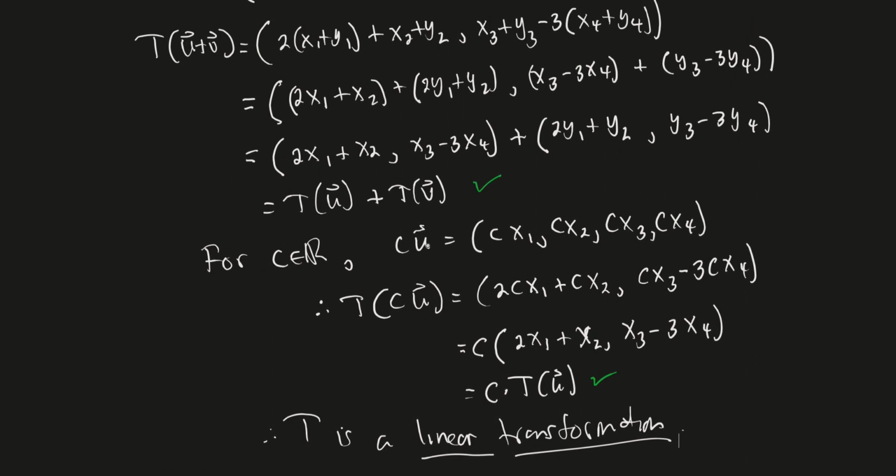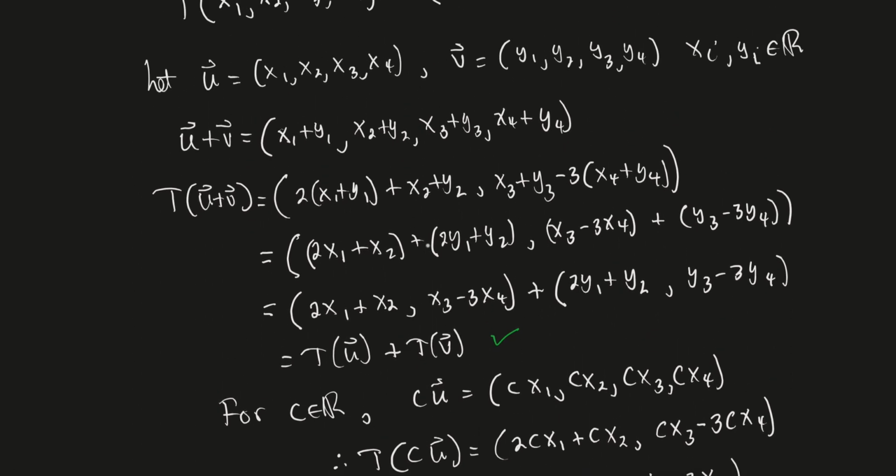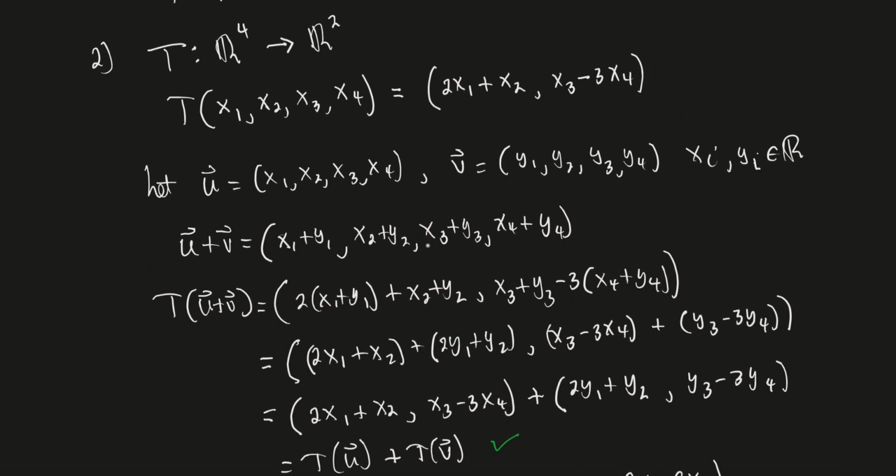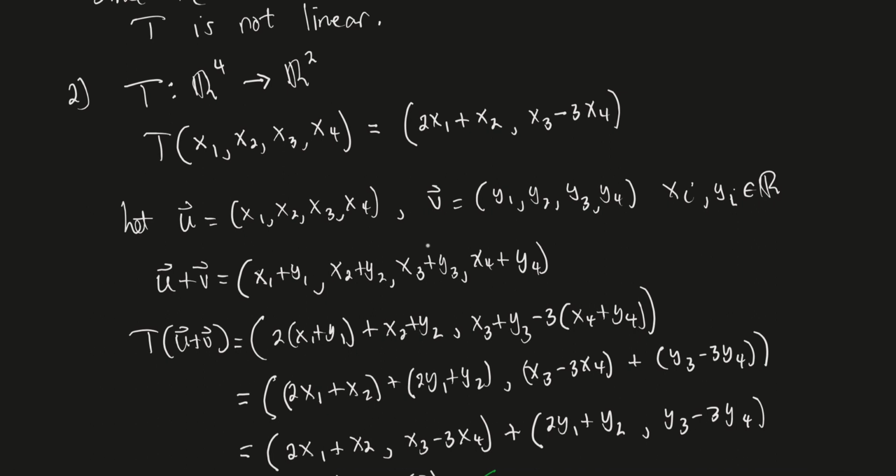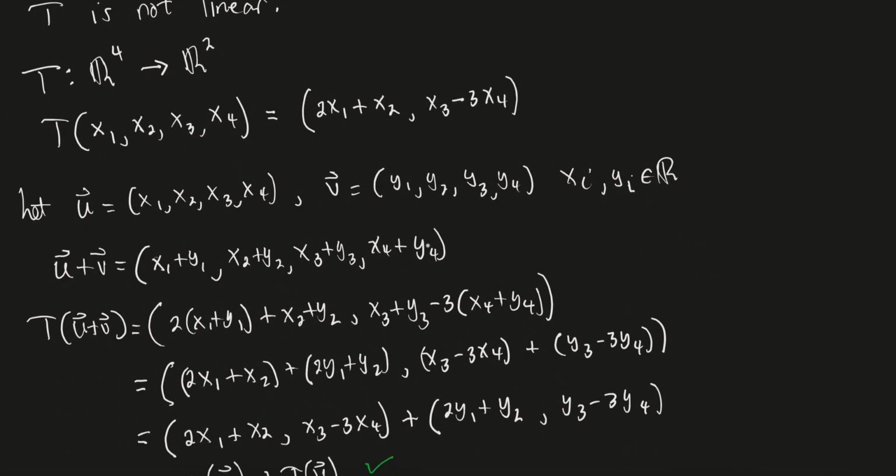All right. So now let's take a look at this transformation T. So this is a transformation that takes a four-dimensional vector and it produces a two-dimensional vector, right? So I wonder if we could represent this transformation in the form of a matrix, right?